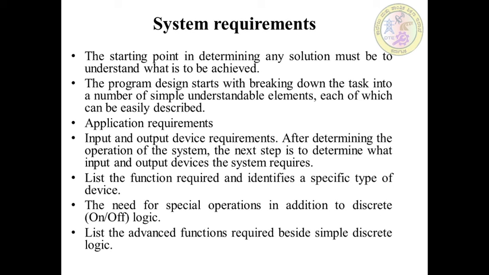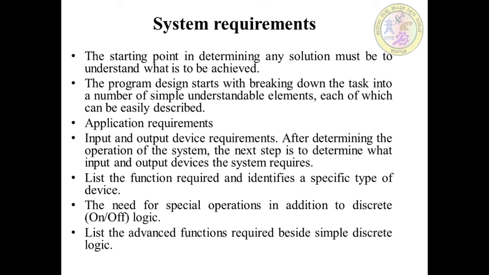After determining the operation of a system, the next step is to determine what the inputs and outputs of the system require, and list the functions required to identify a specific type of device. Then the need for special operations in addition to the discrete, that is on-off logic.